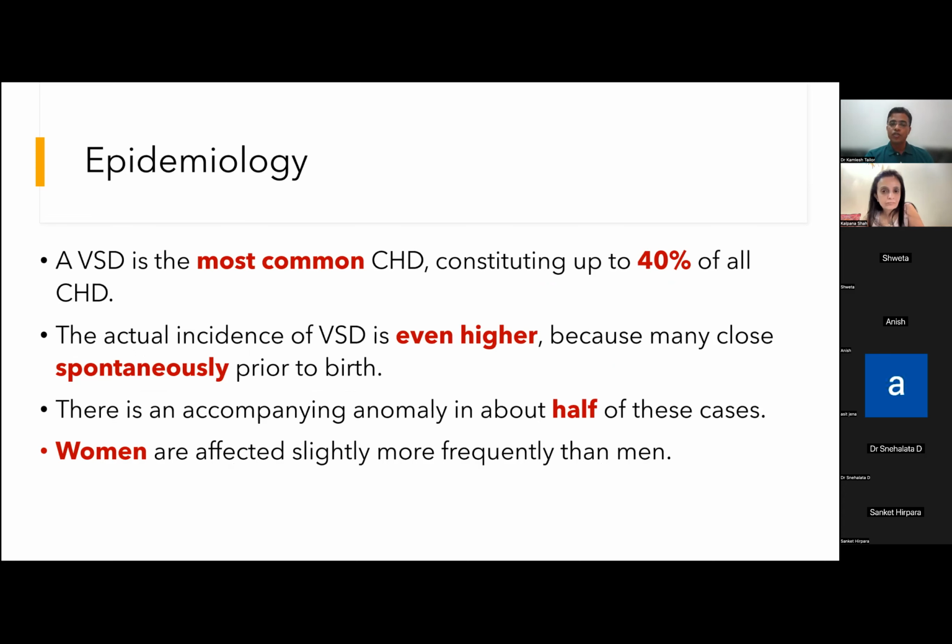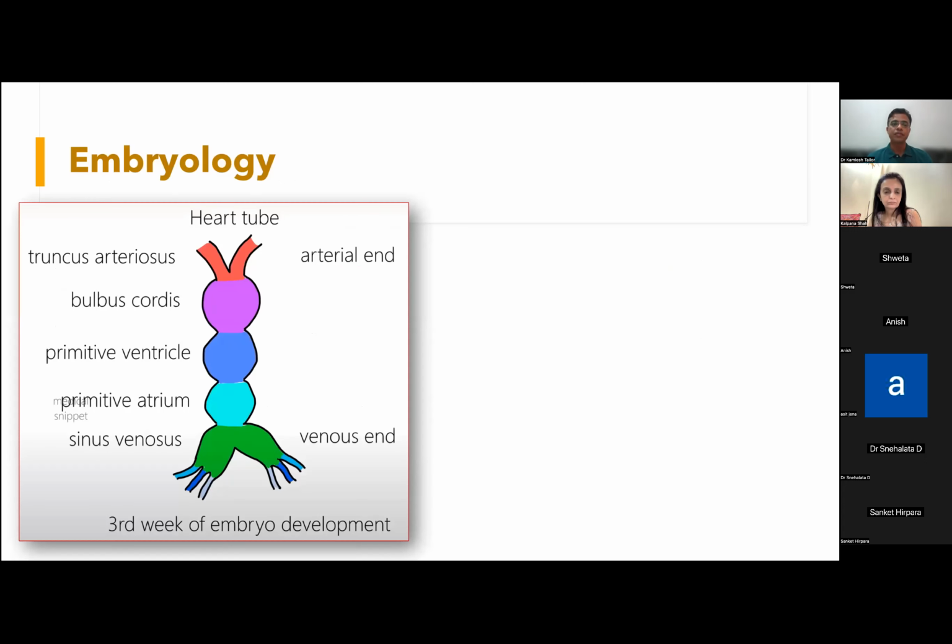The actual incidence of VSD will be even higher, maybe because we are not knowing it, because some of the VSDs have been spontaneously closed just prior to birth or within the first or second week of birth. There are accompanying anomalies in about half of these cases. So usually we see VSD in isolation, but there are a lot of associated problems with VSDs also. And women are affected with a slightly higher incidence compared to men.